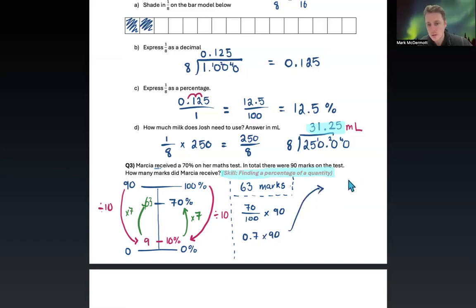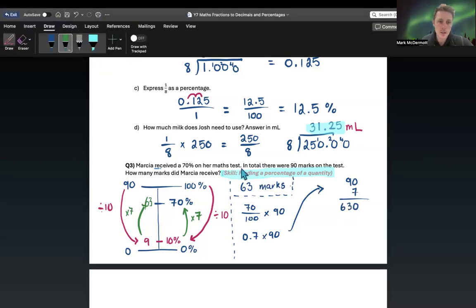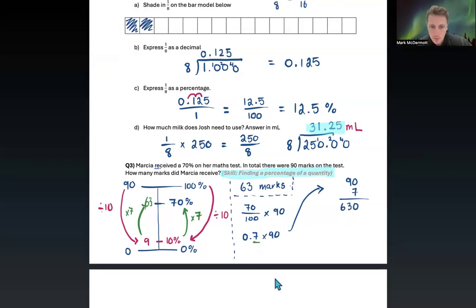When you multiply decimals, what I teach my students is to take 90, multiply by 7, ignore the decimals, and then reintroduce them. So 7 times 90, put a 0 there. 7 times 9 is 63, so we get 630. Then you count the number of places to the right of the decimal point.